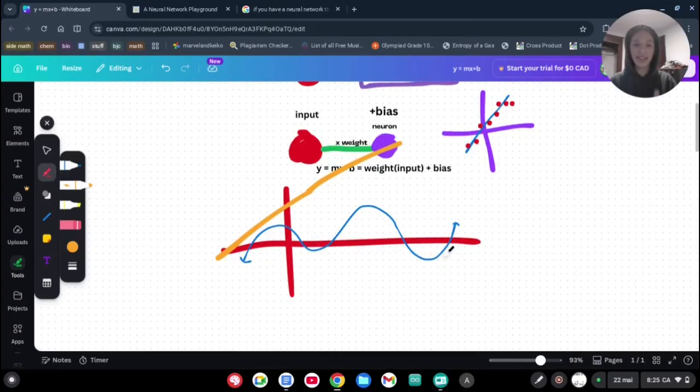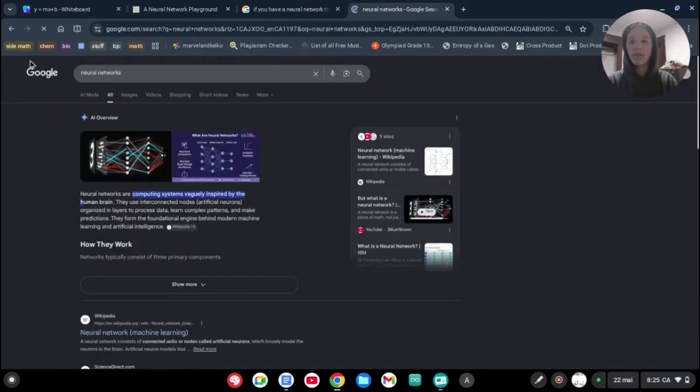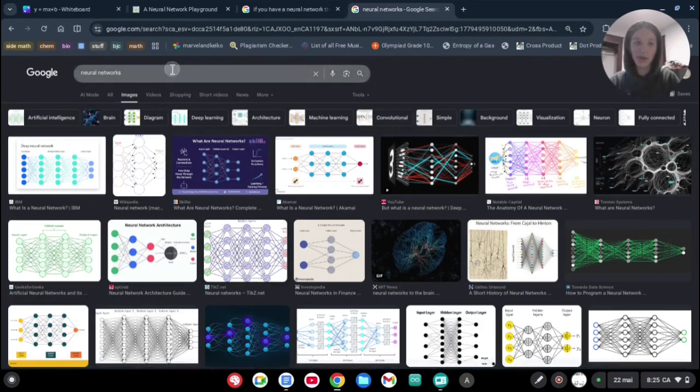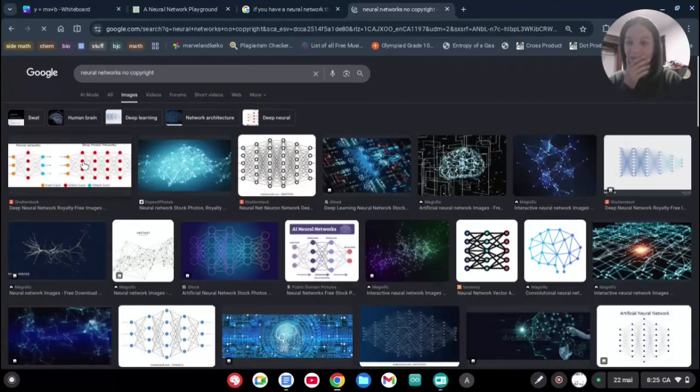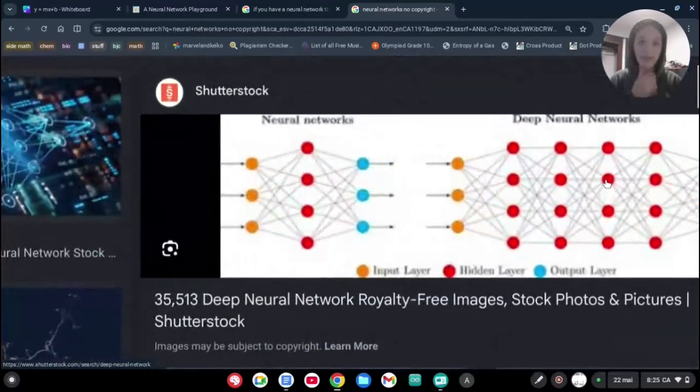predict something like this. And so you might be wondering, well, let's just look at what neural networks normally look like. They look something like this. This is from 3Blue1Brown's video, I think. This might be what you think of if you've seen neural networks before.